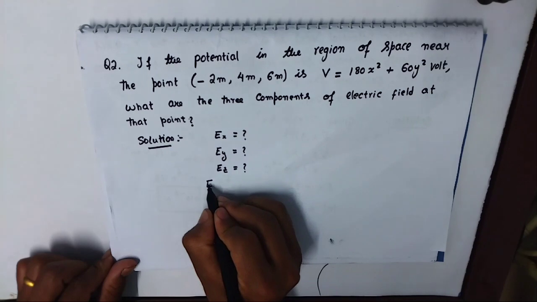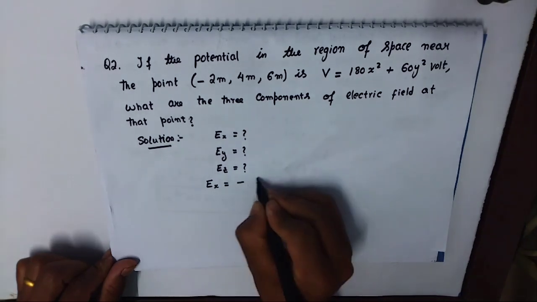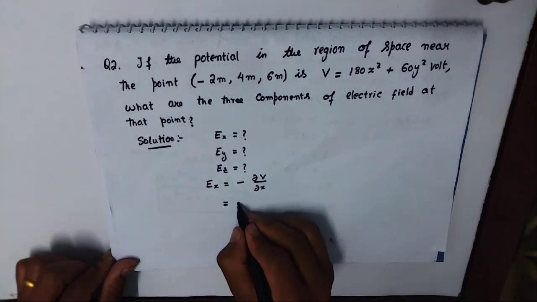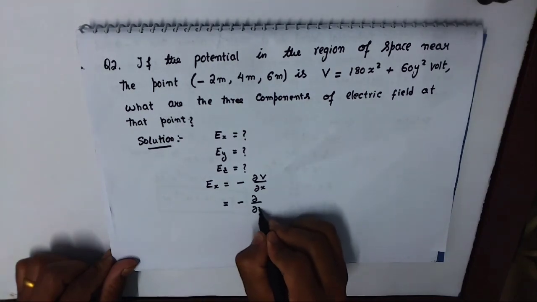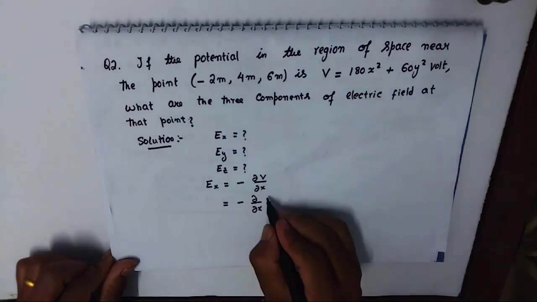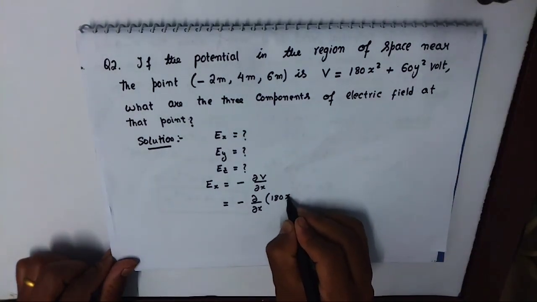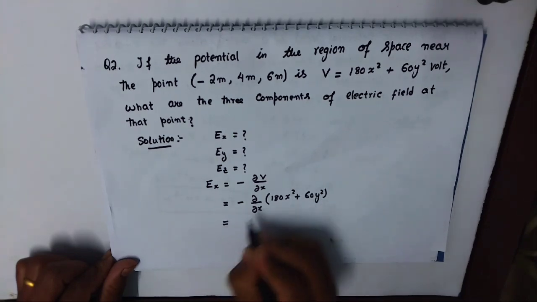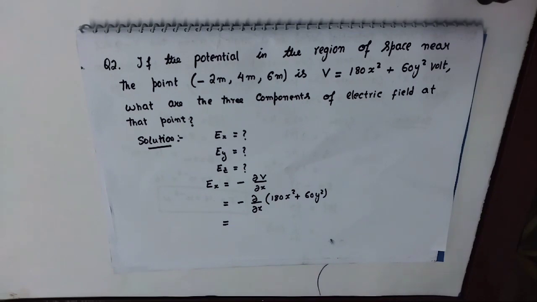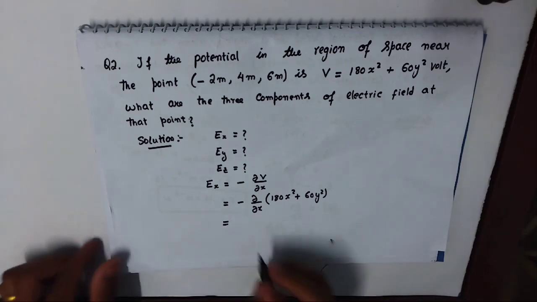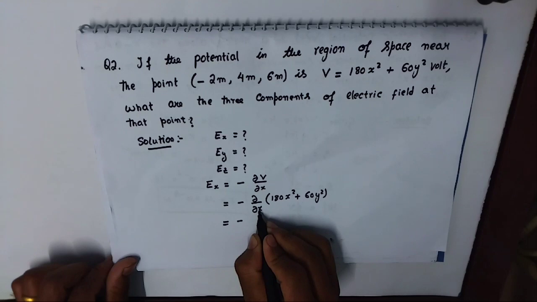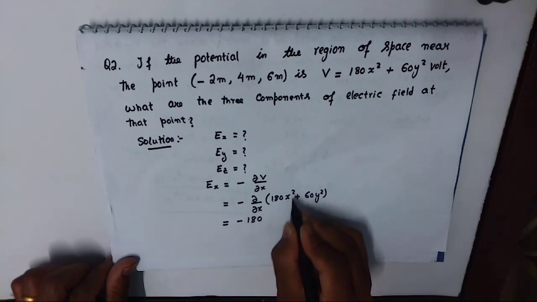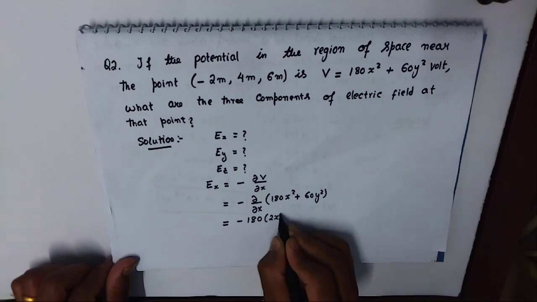So we know that Ex is minus del V by del X. Instead of V, I'll put 180x squared plus 60y squared. Now this is a partial derivative with respect to x. So minus del x of 180x squared, 180 I'll take out. Then del x of x squared is 2x.